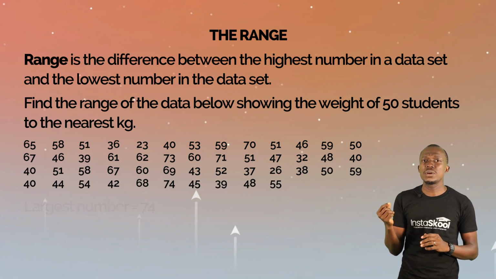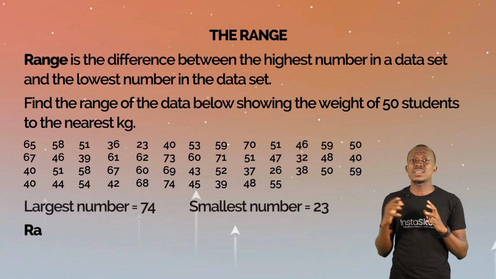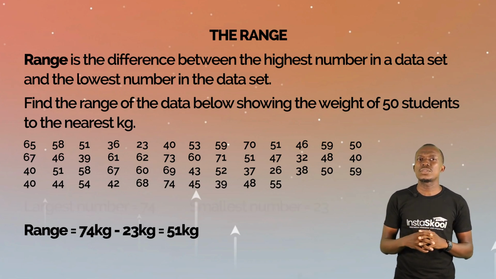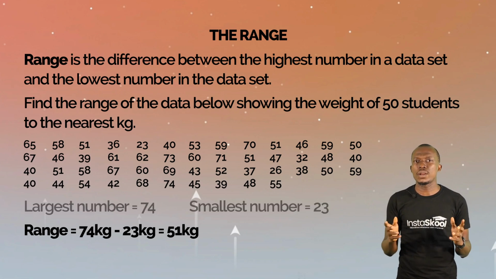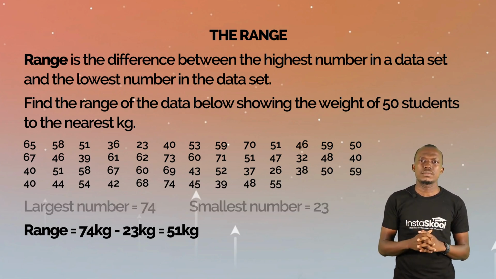While the smallest number is 23. So our range for this data set is 74 minus 23, which gives us 51. So our range is 51 kg. Quite easy.